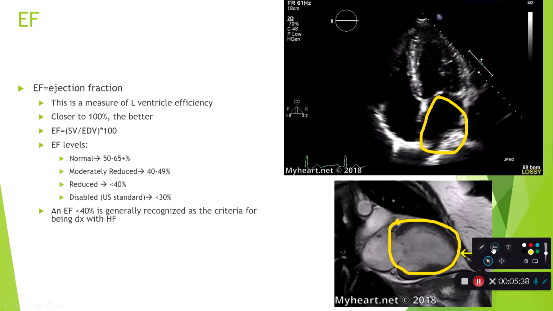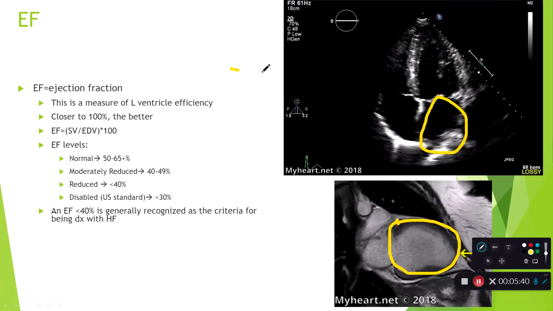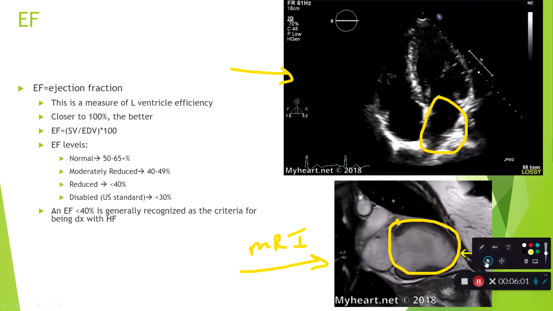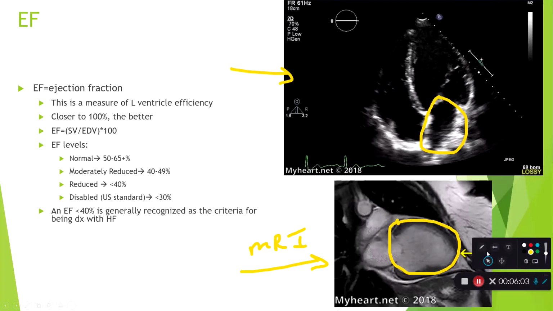So what you're seeing here, in this first one, is an echocardiogram, which is just an ultrasound or 2D image of your heart beating. Down here you're seeing an MRI. What I want you to notice is just how much these are going to be contracting.